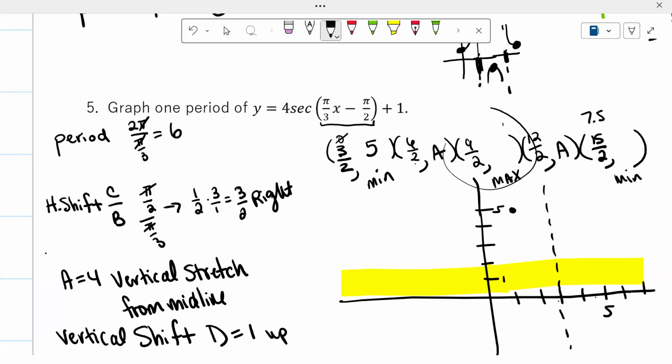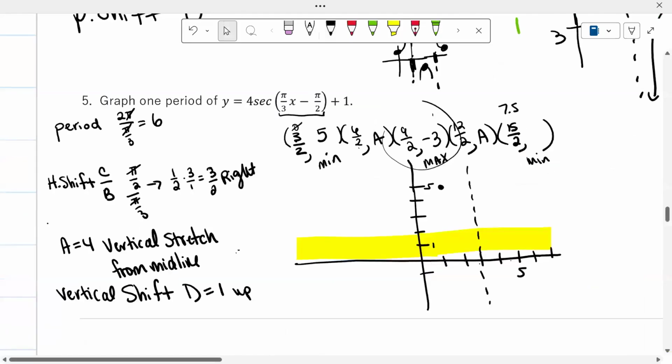Now, normally it's 4 units down from the midline, right? Or it's a stretch of 4 units from the midline. Well, the midline's up 1. So this will be at -3. And 4.5. Okay. And then at 6, we're at another asymptote.